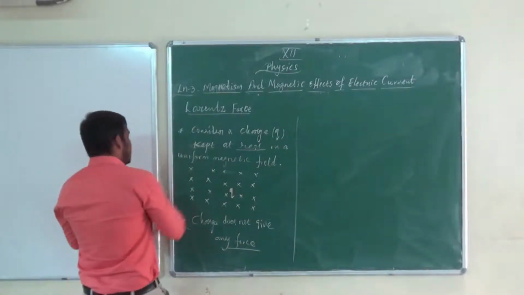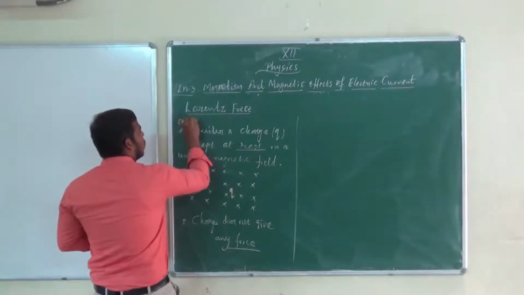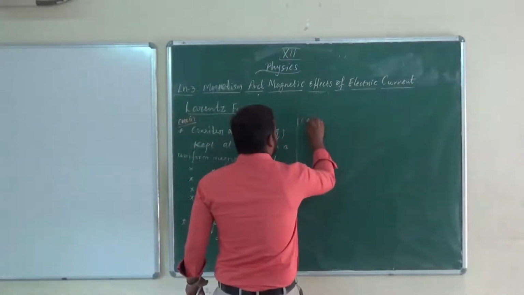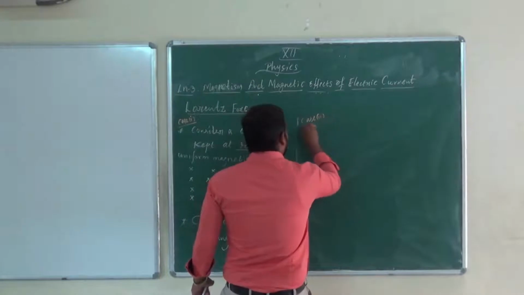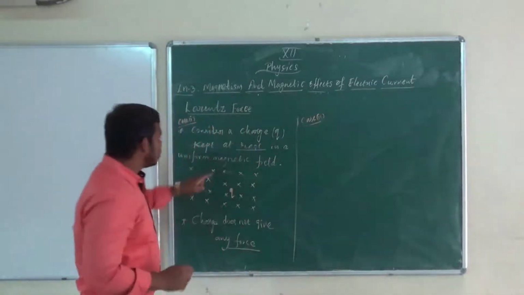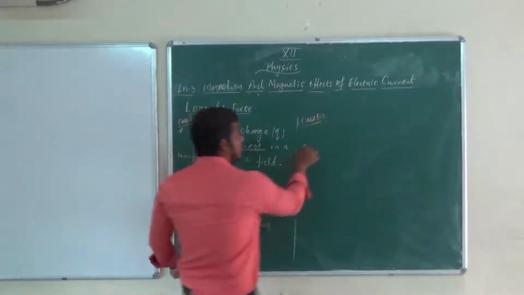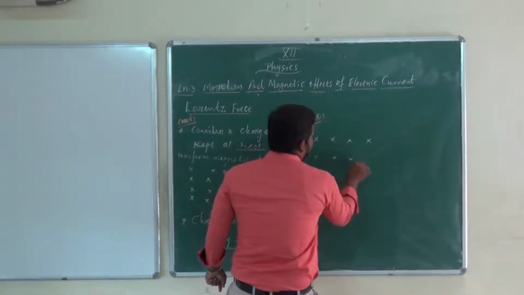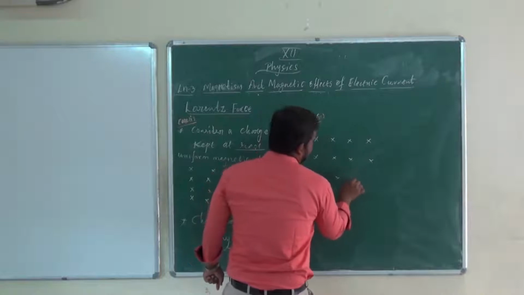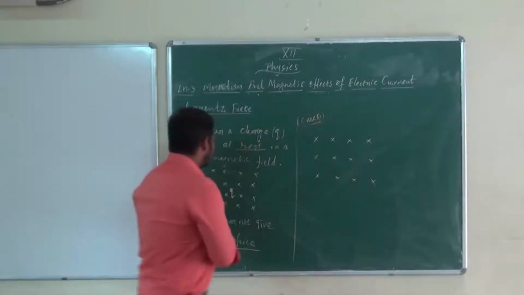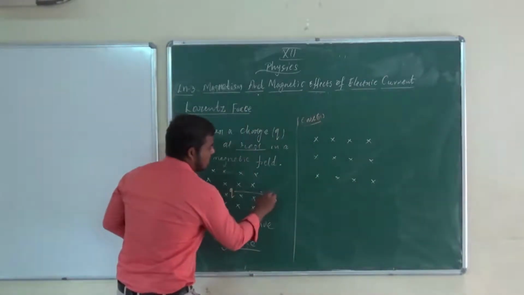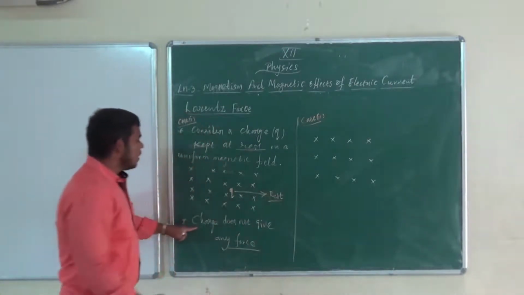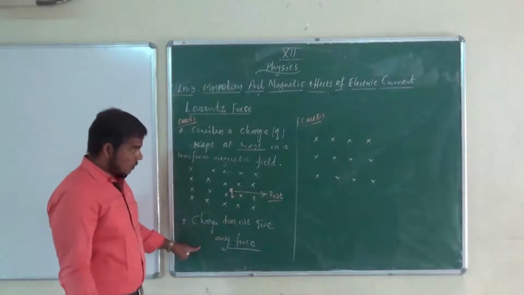Now case 2: assume the same charge is kept in the uniform magnetic field. In case 1 the charge is at rest. That's why the charge does not give any force.